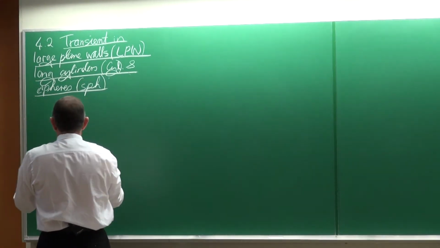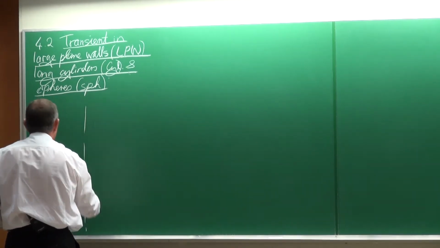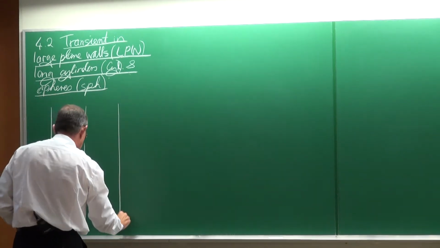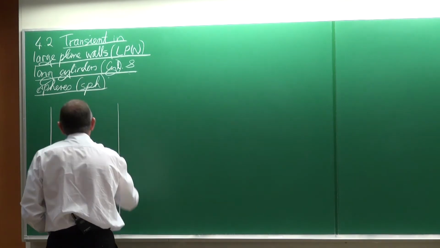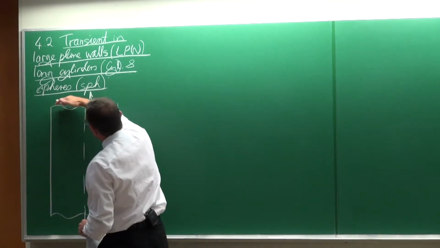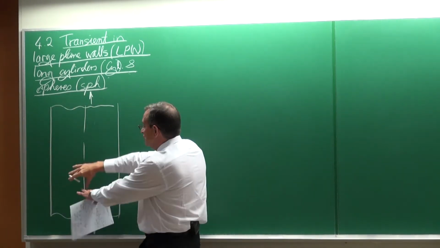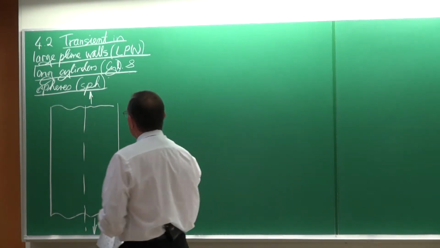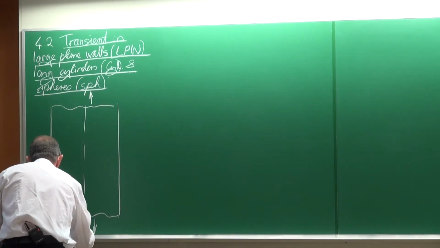So a large plane wall, let's draw this large plane wall here. This is the large plane wall. And with large, we mean that the surface area here and there is negligible in comparison with the rest of the area. So that is why we say that is a long plane wall, LPW.